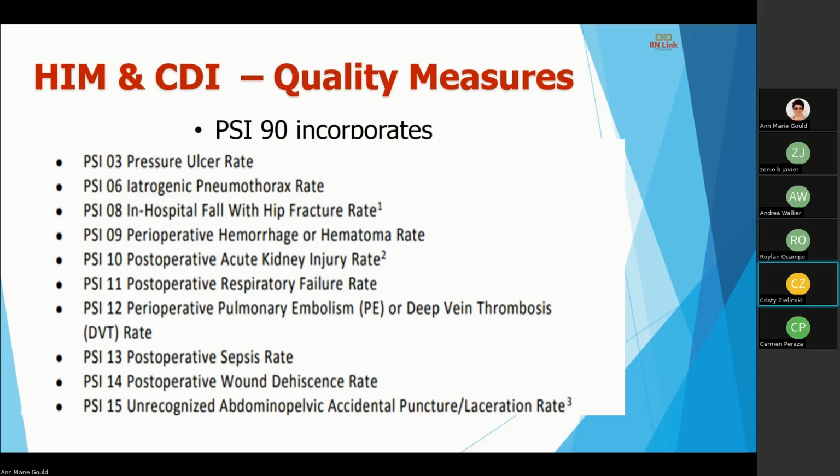Or if the patient has respiratory failure post-operatively, but the patient has a diagnosis of COPD prior to admission, that's not a PSI. They have the exclusions on a website. What are the exclusions for the PSI? It's kind of cumbersome, but I just refer it to my manager and she will decide whether to report it to the quality people.